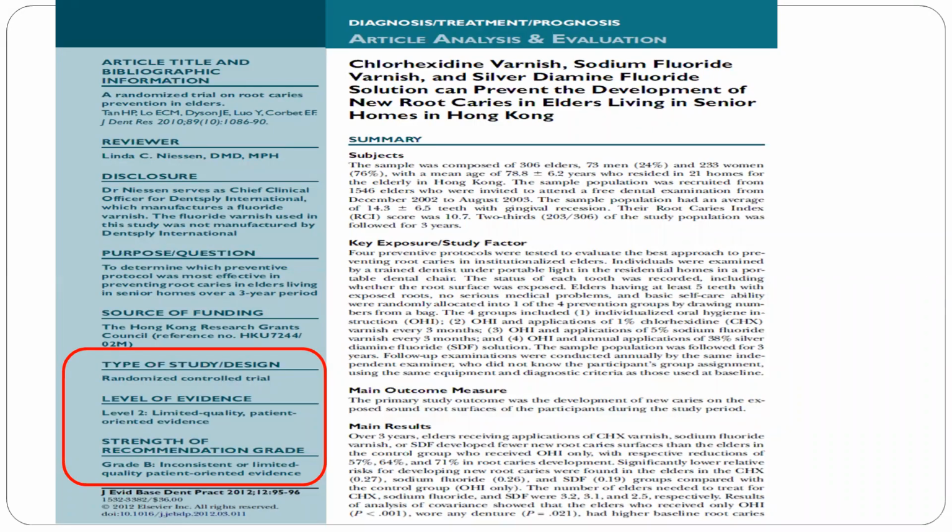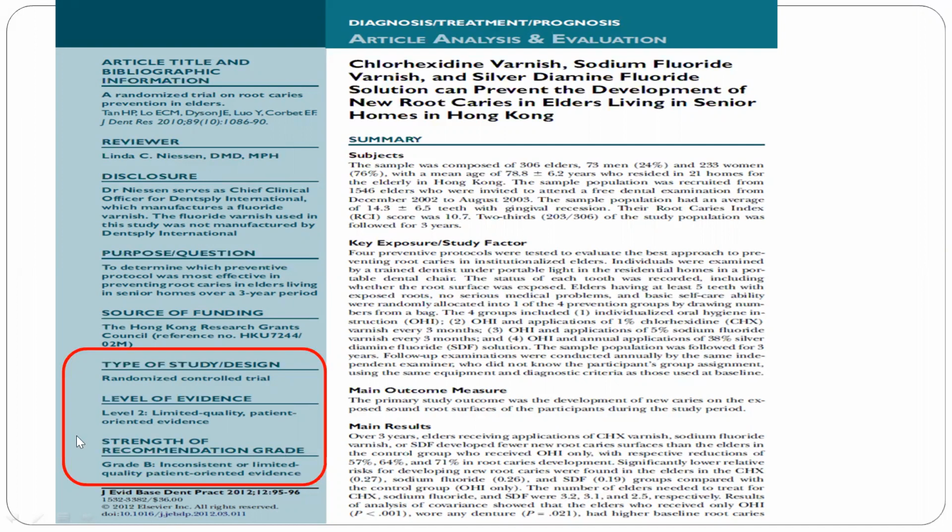Now, the most important thing we need to know is that there are certain journals, for example the Journal of Dental Research, which provide us with the review and the article appraisal, where you can see the type of study or design, level of evidence, and strength of recommendation based on GRADE.